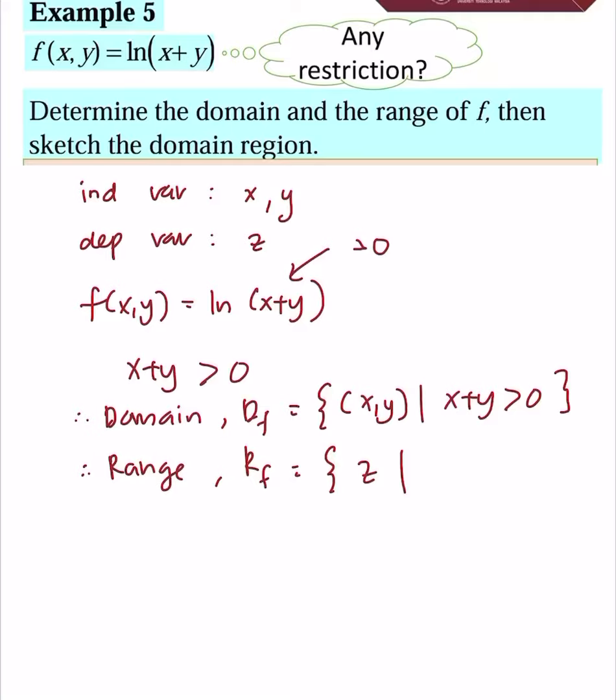How about ln 0.01, ln 0.0001, ln 0.00002? We will get negative values. So the range is all real numbers, from negative infinity to infinity. The range for z is all real numbers.